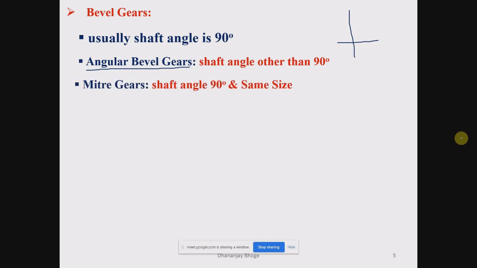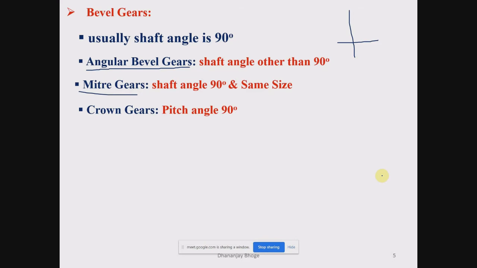If shaft angle is 90 degrees and the two gears in mesh are of equal size, we will call such bevel gears as miter gears. Two mating spiral gears connecting intersecting axis shafts where shaft angle is 90 degrees and the gears are of equal size, you will call such gears as miter gears.